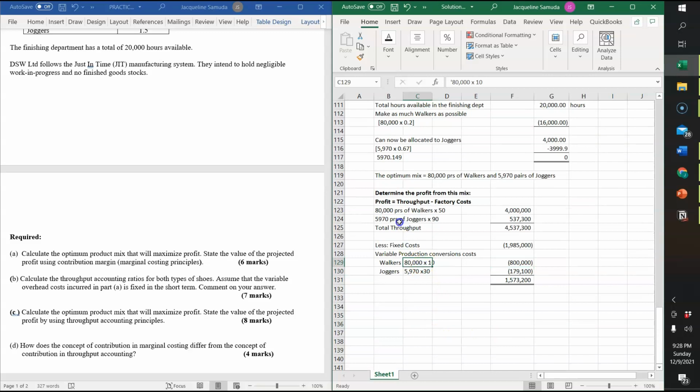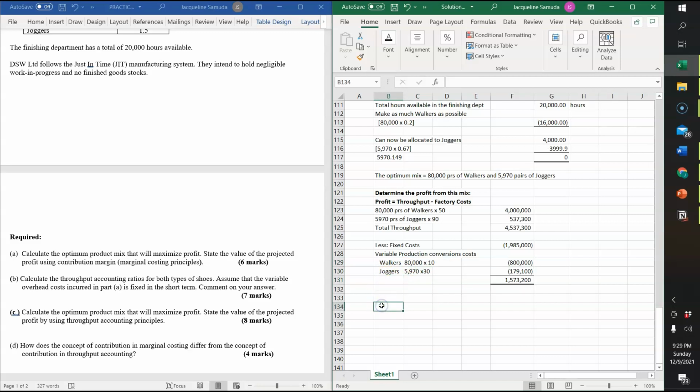Let's just double check it. 80,000. Fixed cost, 80,000 times 10. Okay, well, apparently it comes back to the same figure. All right, so that gives us part C.